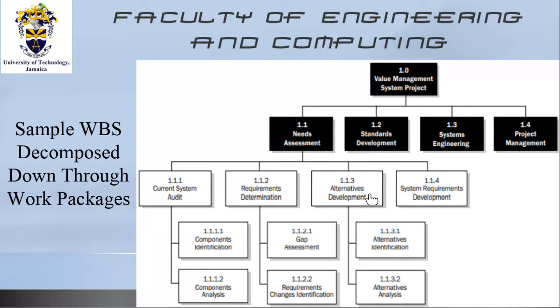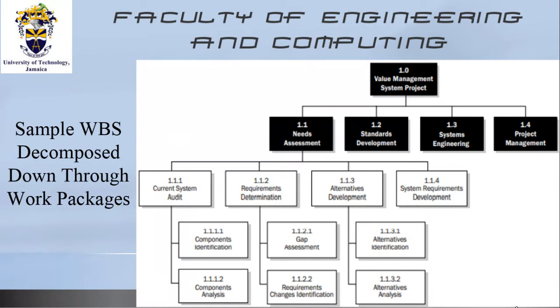So just by the number you can tell the level in the hierarchy, okay? If you go to Microsoft Project, the same is true. The only difference is that in Microsoft Project, it automatically assumes the numbers. So for your assignment, you are required to demonstrate your understanding of these levels. So you have to ensure that you number them, okay?